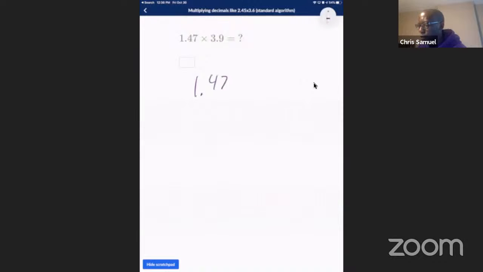So we have here 1.47 times 3.90. All right, then I will go ahead and do this because this will help me pay attention to certain pieces.